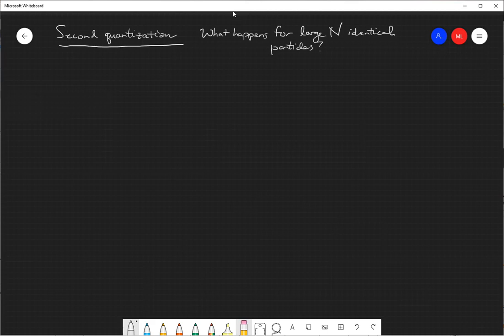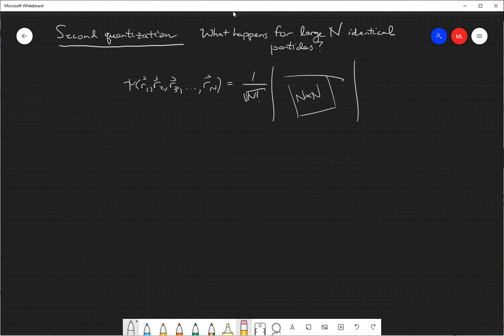If you'd want to write down the total wave function for like n fermions, you would have to write this thing, which would be 1 over square root of n factorial times the determinant of some n by n matrix of the individual state wave functions. It would be a mess.